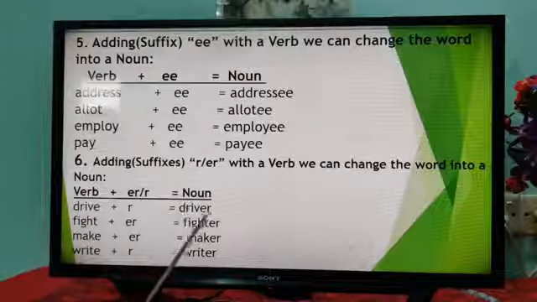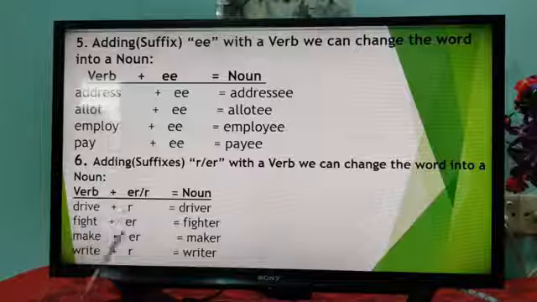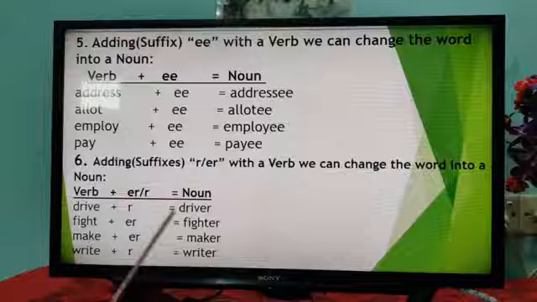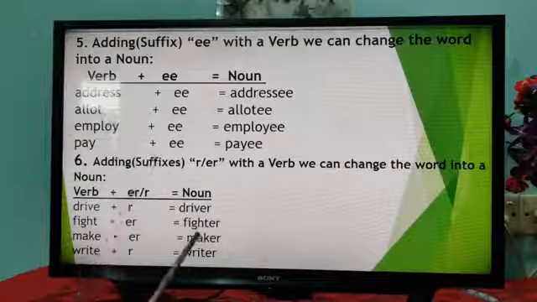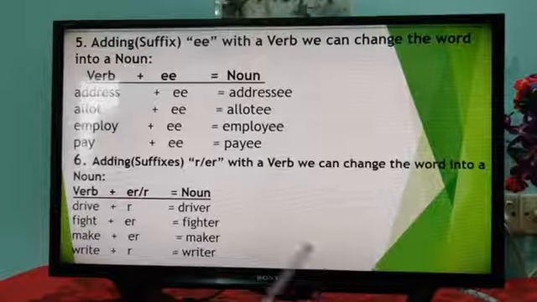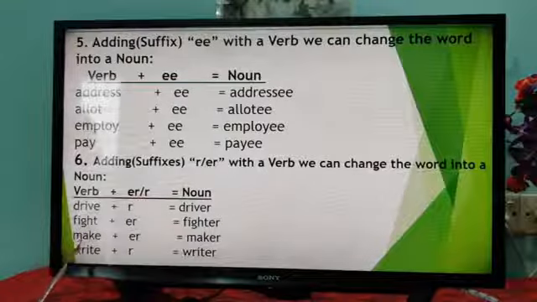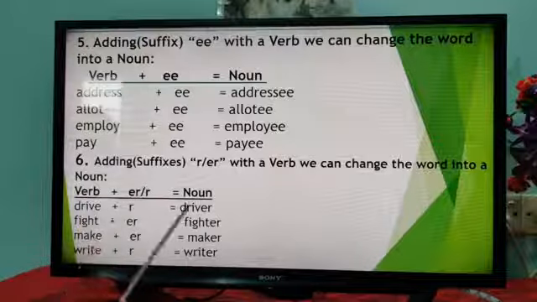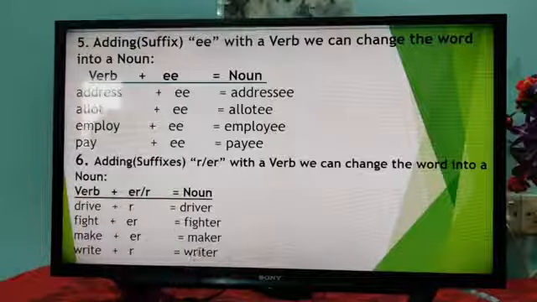Drive, who drive, driver. Make, who make, maker. Write, who write, writer. That is who, that means person. So these are persons, and so they are nouns. These are verbs, and these suffixes added with these verbs make a noun. So please write them.